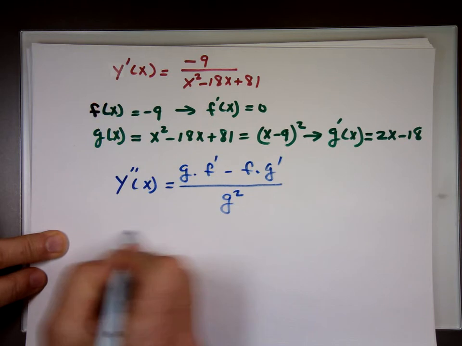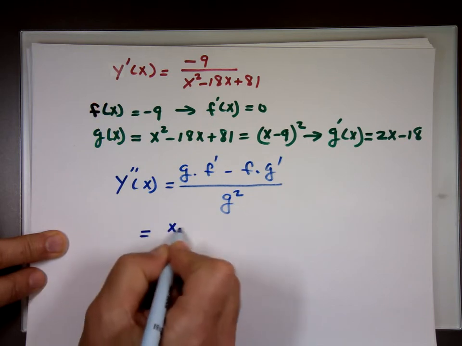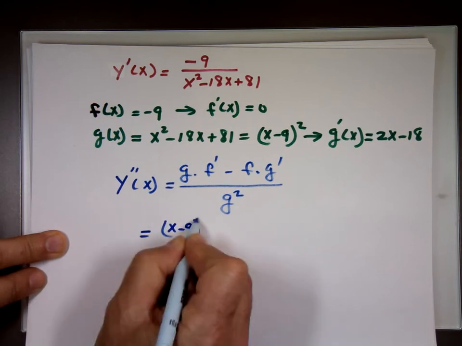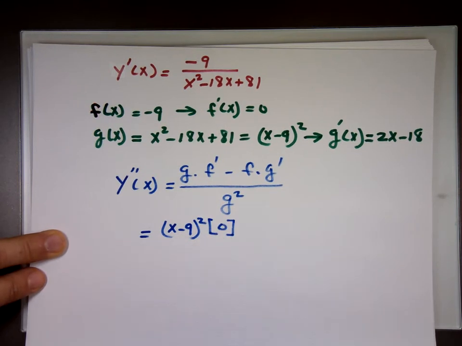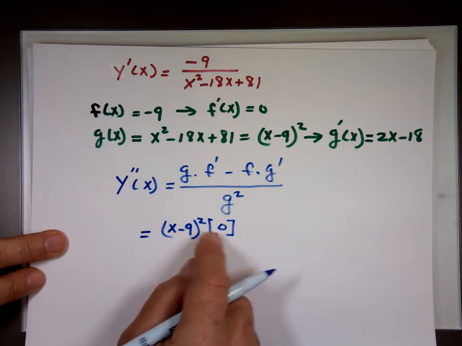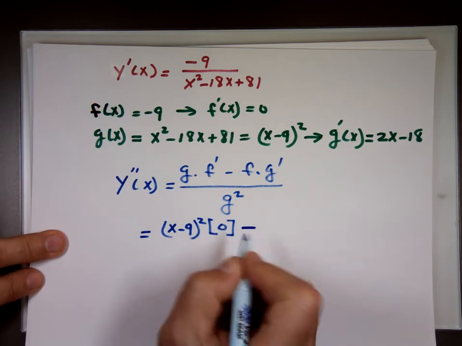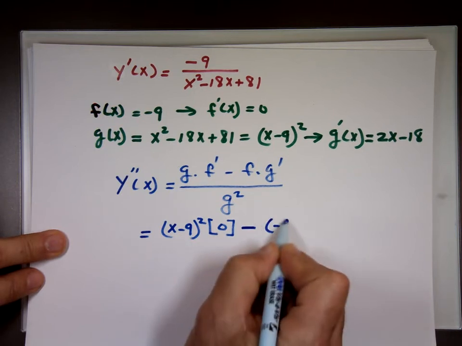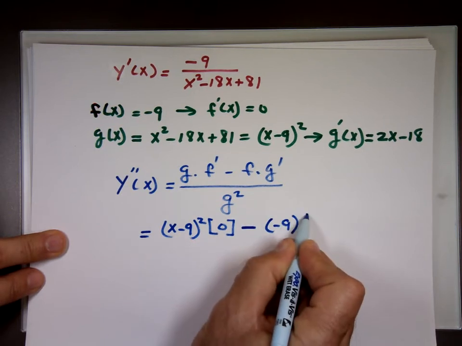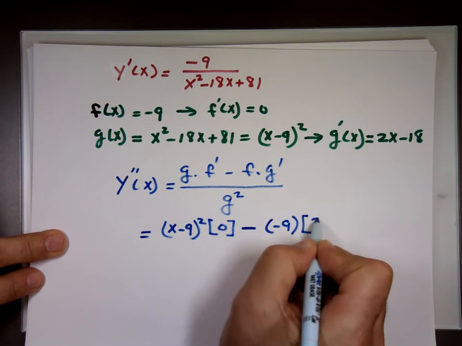So it's going to be x minus 9 squared times the derivative of f, which is what? 0. I don't know if you noticed by now, I always put the derivative in square. Minus f of x, which is what? Negative 9 times the derivative of g, which is what? 2x minus 18.